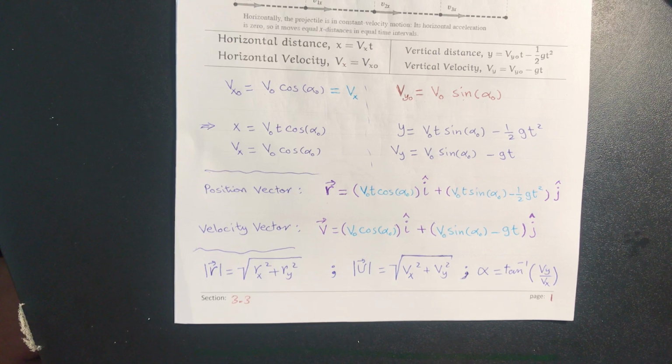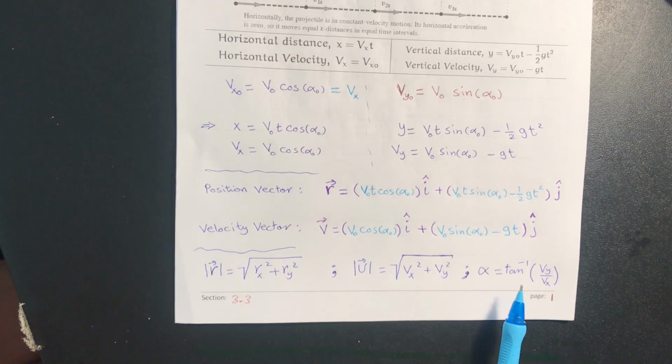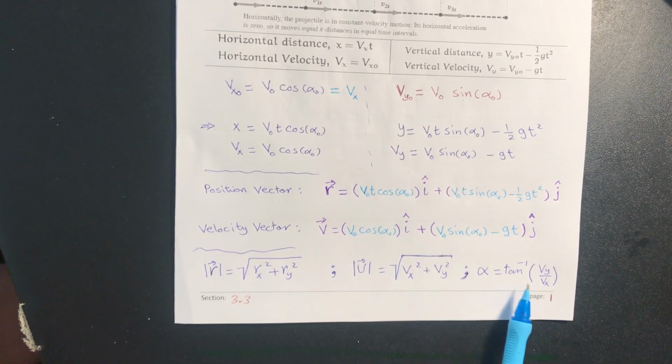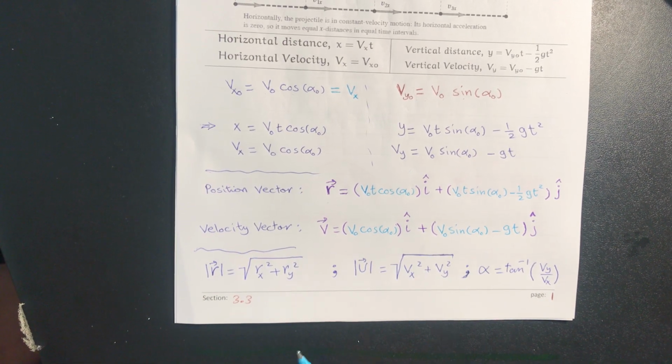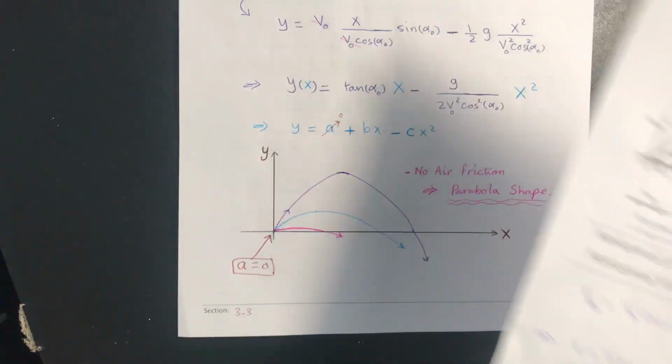And we can also find the direction of that speed by using the tan inverse relation, which is tan inverse of vy over vx. Okay?